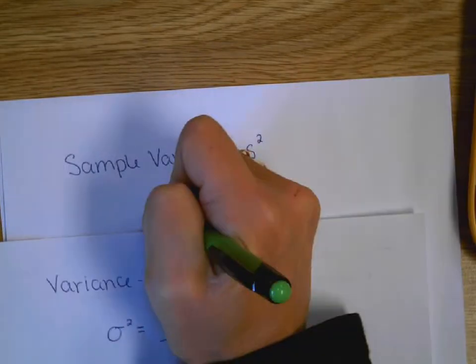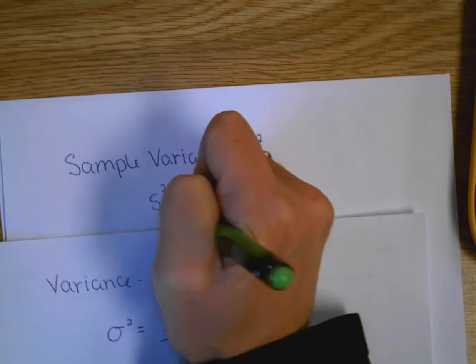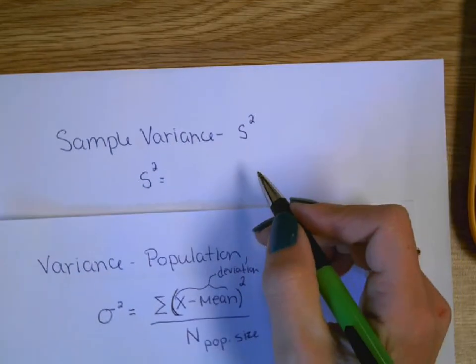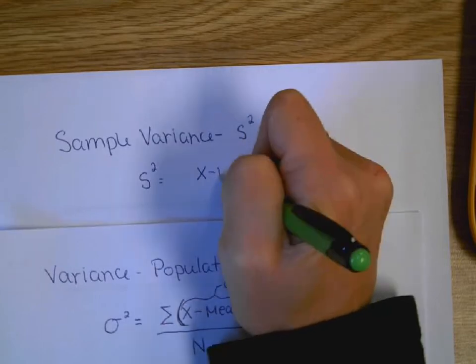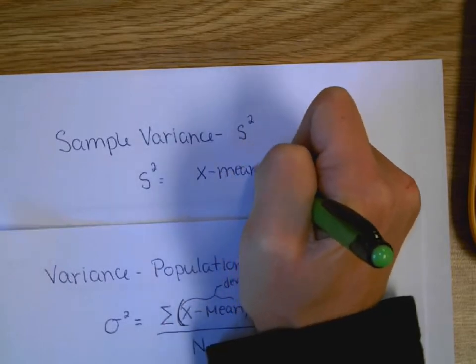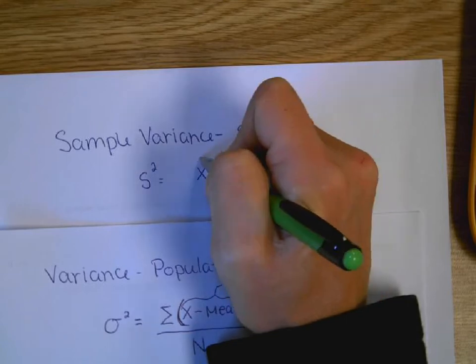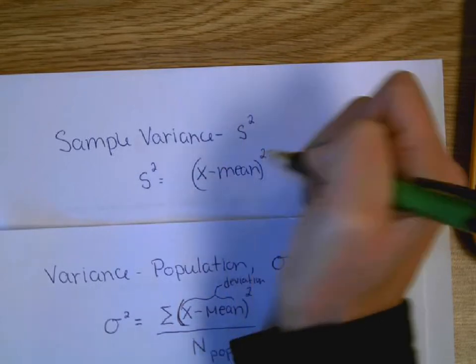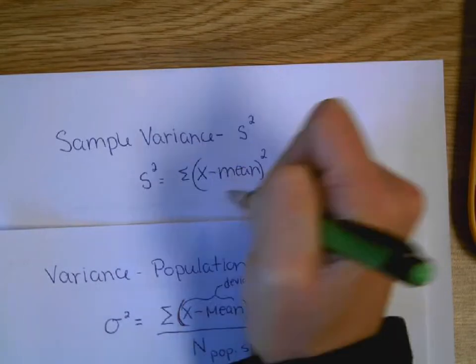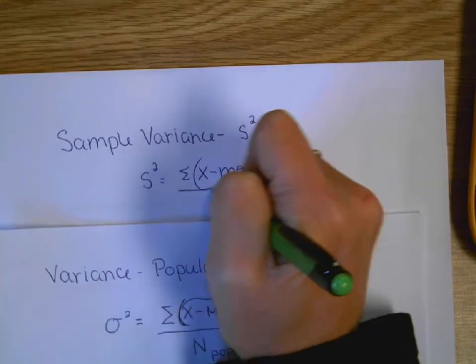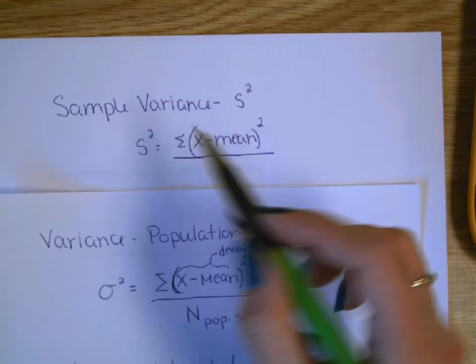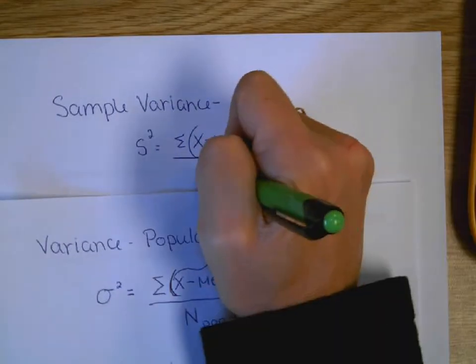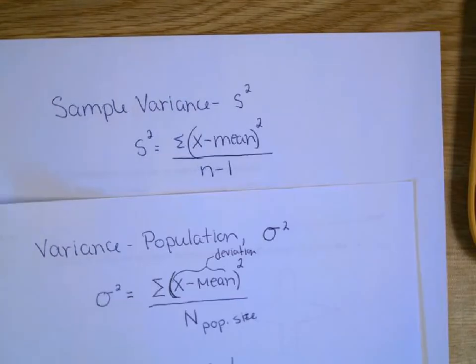Okay, to calculate S squared, the numerator is exactly the same. You take each x value, subtract the mean, to find the deviations, square those, add them up. Here's where the difference comes in. Instead of dividing by exactly how many are in my sample, we divide by one less than the sample size.